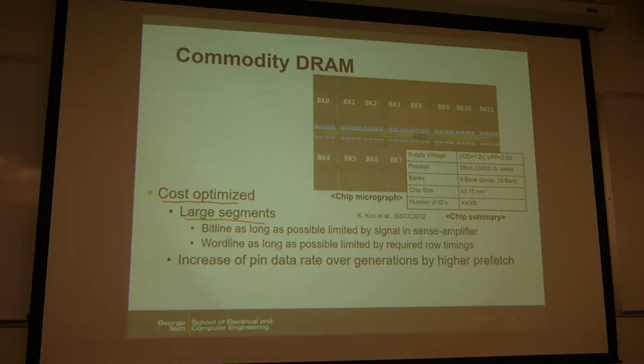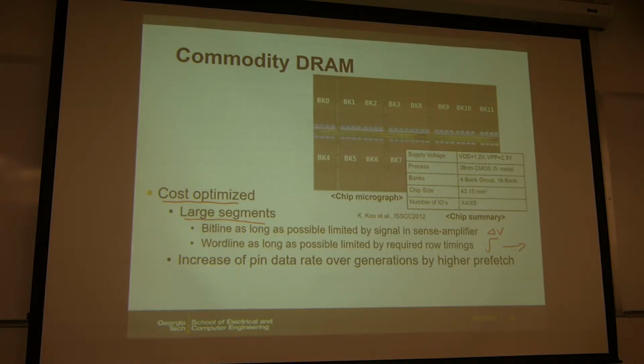For example, the bit line will be limited by the signal in the sense amplifier. We will talk about this later. So it's limited by the delta V, the voltage margin you can sense. And the word line is limited by the row timing, because you have the word line pulse, and this pulse needs to propagate through the word line.